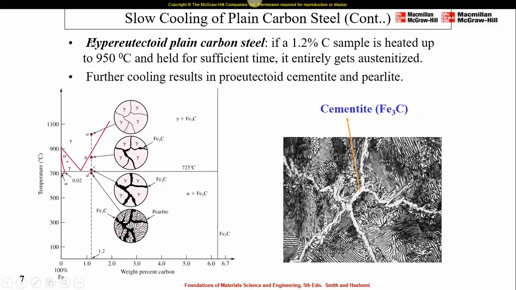Next, let's consider the slow cooling of a hypereutectoid plain carbon steel. For example, a steel that contains 1.2 weight% carbon. The steel is initially heated to about 950 degrees Celsius in this region, the gamma region of the phase diagram, and it is held for sufficient time so that it's austenitized.